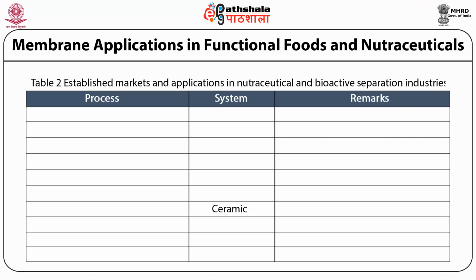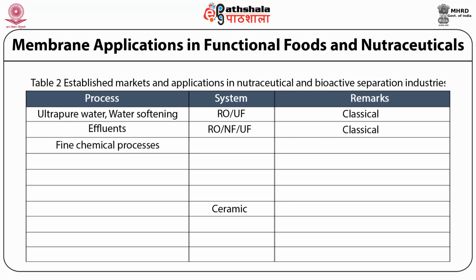For ultra pure water or water softening, RO and UF are both used, and the remark is that it is classical, meaning well established. For effluents, RO, NF and UF are used for effluent treatment, and this is also well established. Fine chemical processes use NF and UF, and they are developing rapidly.